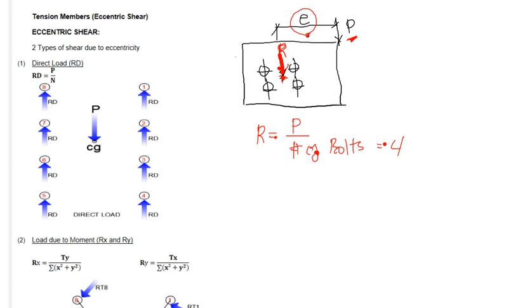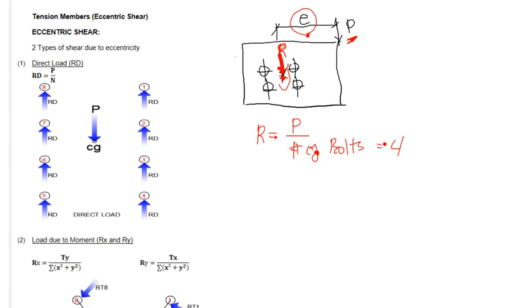Tinatawag natin dyan yung eccentricity, denoted by letter E. So, why do you think bolt stresses is not equal in eccentric shear? They are not equal because when we applied load, yung P, at a distance of eccentricity, we will develop now a torsional moment dito.